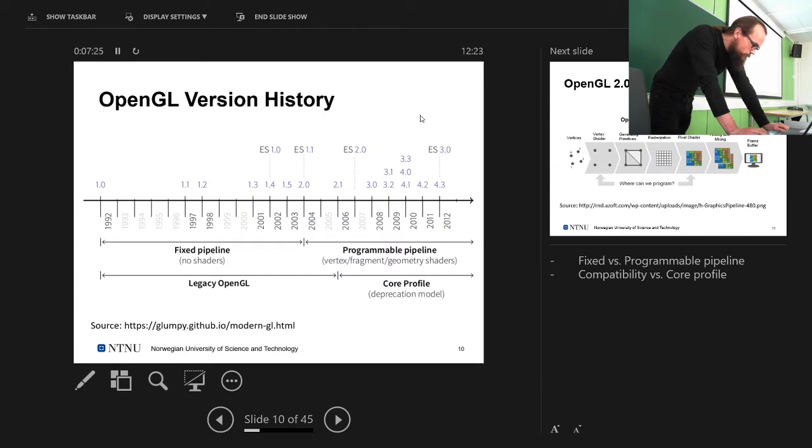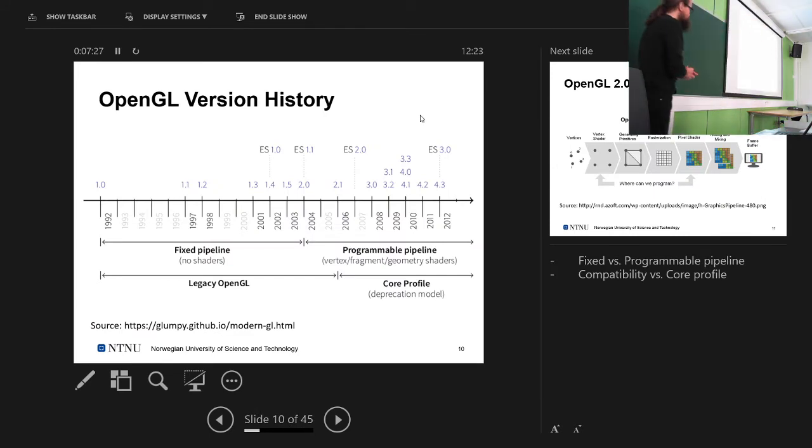Okay, so a little bit about the version history of OpenGL. The fixed function pipeline was all the way from 1992 actually up until 2003, so they operated with that for quite a long time. And then they started to introduce a programming pipeline back in 2004 with vertex and fragment shaders first and foremost. And then they had this core profile in which they remove outdated features and try to stay up to date with modern standard computer graphics.